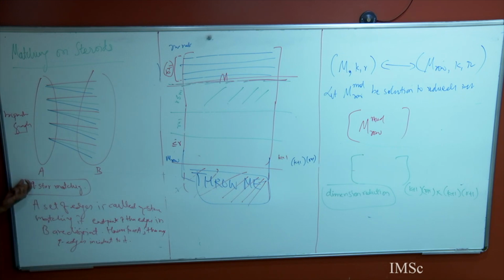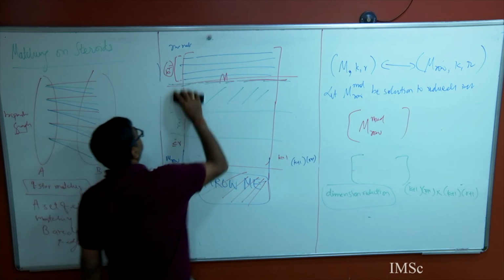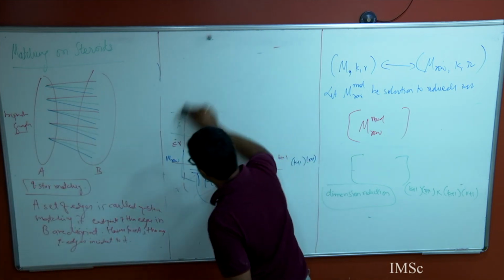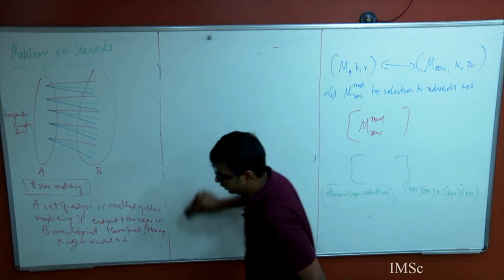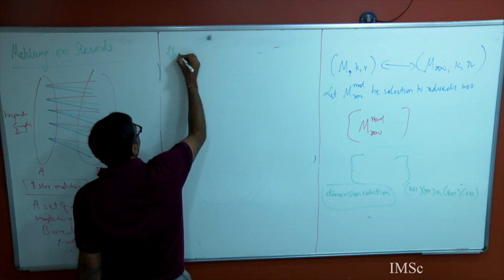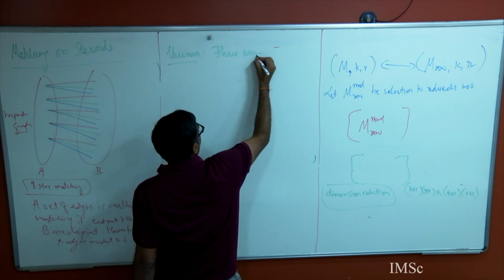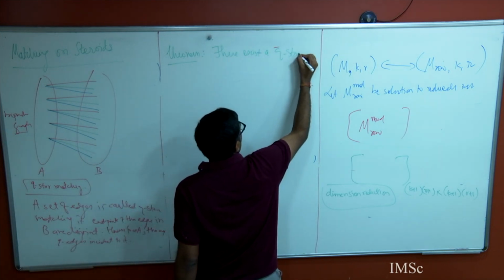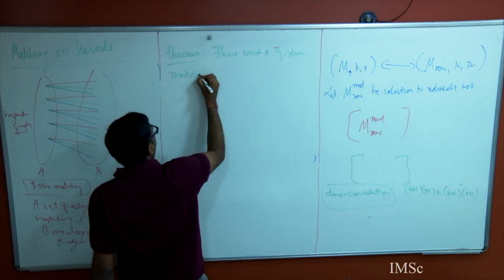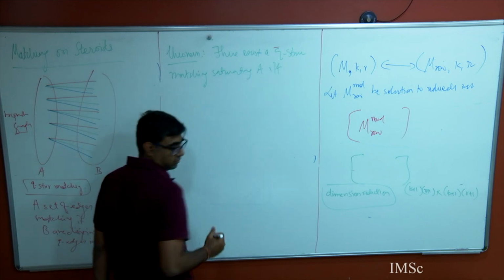I want to say there exists a Q star matching saturating A if and only if what? So here's the theorem or lemma I would like to prove: there exists a Q star matching saturating A if and only if what?